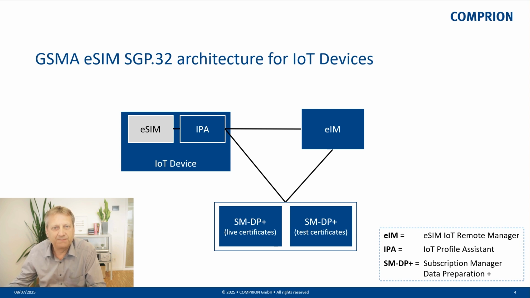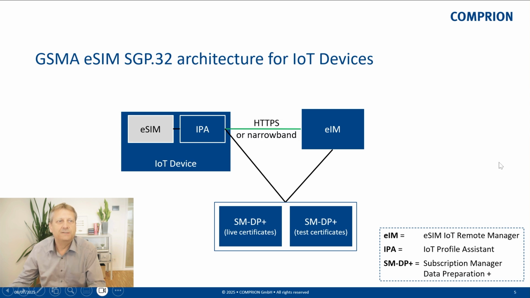There are some special remarks which need to be known as some flavors of these technologies and also these emulators. For example, for the communication between the IoT device and the eIM, you have the choice of classical HTTP communication or various narrowband communication protocols in case you're using a network or an environment which does not come with a significant bandwidth.